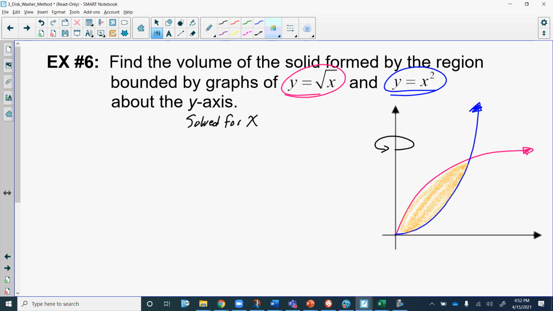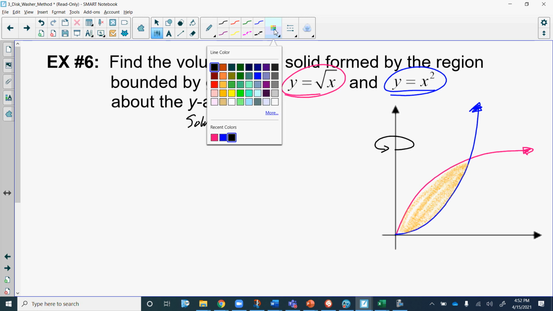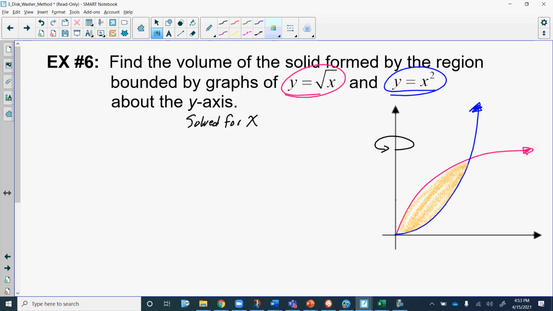So that means this segment right here would represent the outer radius, which would be in terms of x, because that's that horizontal segment. If I take that and solve it for x, this one was y is equal to x squared, so take the square root of both sides.